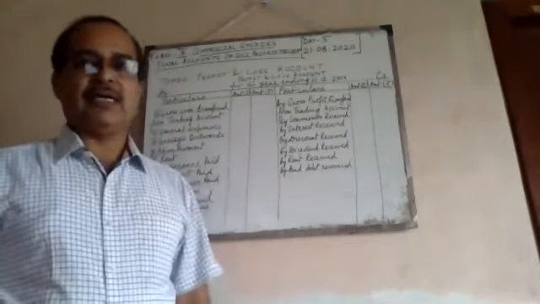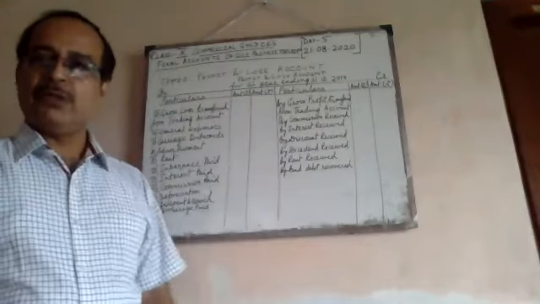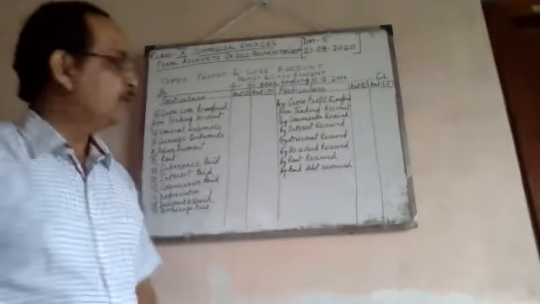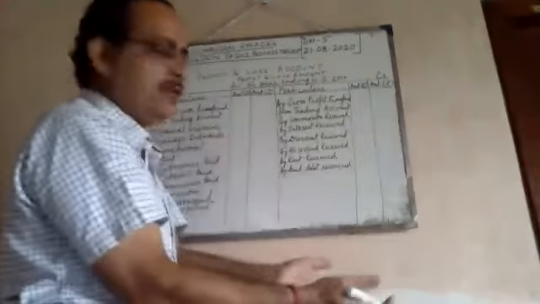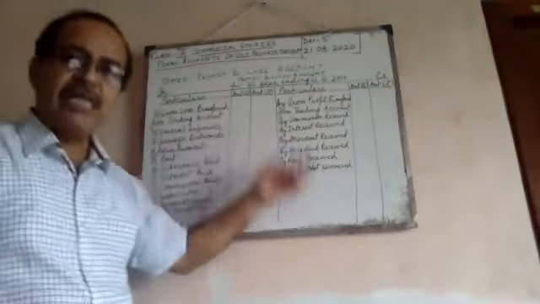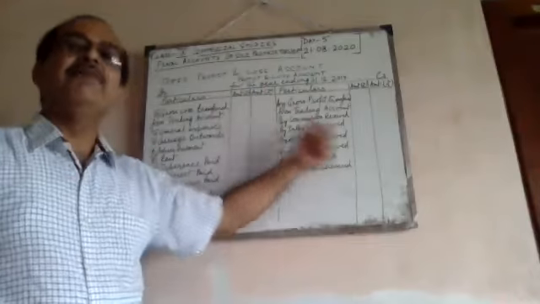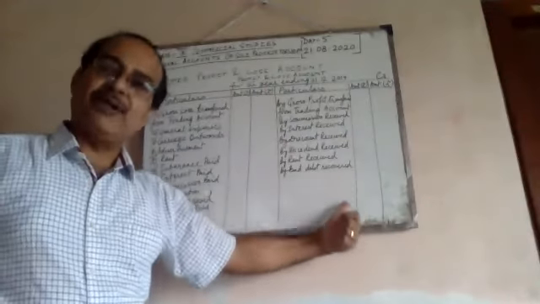So we put down bad debts recovered here. Then you add up this side and that side; this is the inner column, this is the outer column. If the debit side is more than the credit side, that is, expenses are more than income, then there is a net loss.